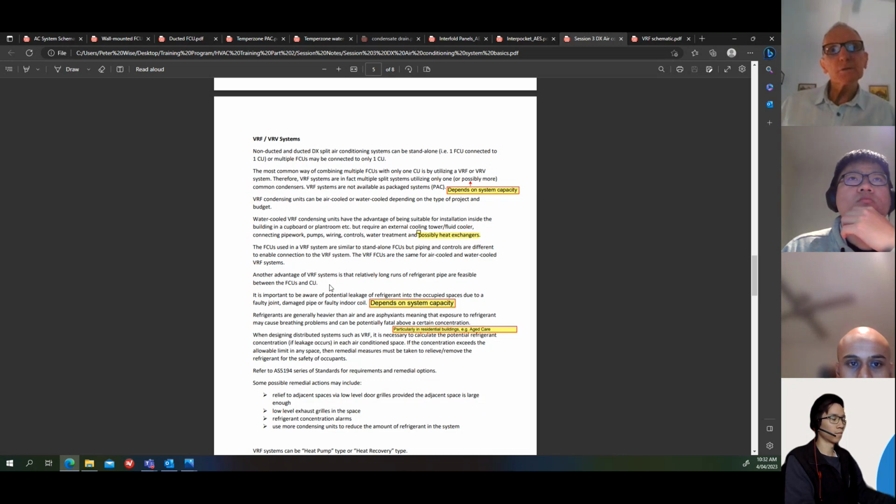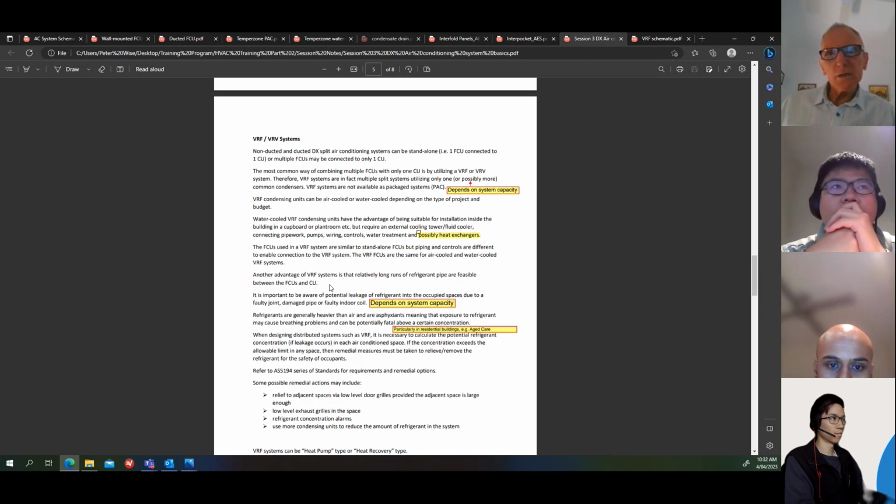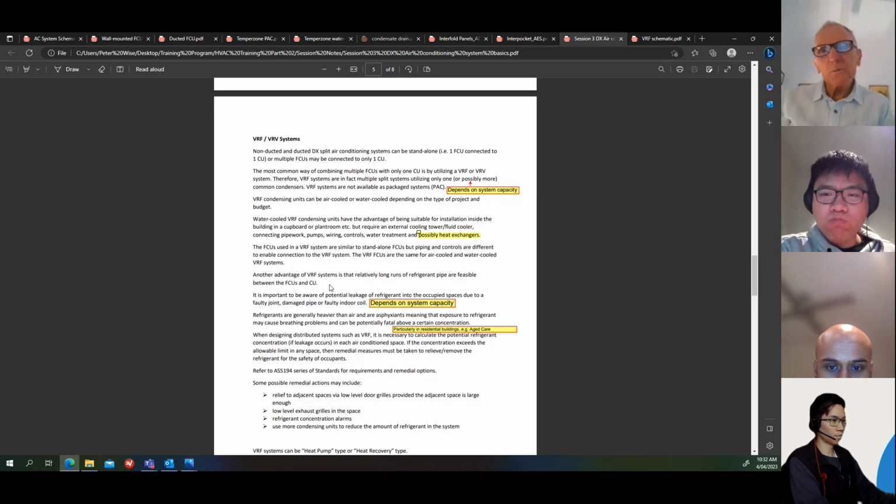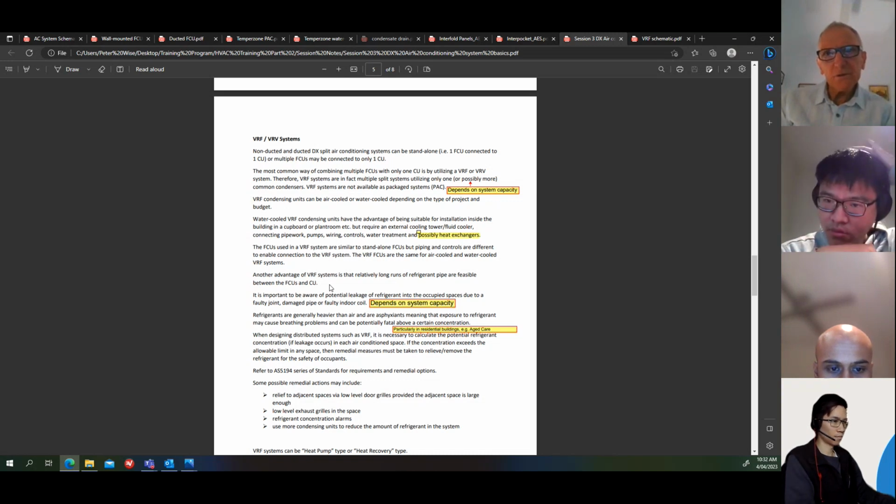Refrigerants are generally heavier than air, and they're asphyxiants, which means they take your breath away, meaning exposure to the refrigerant can cause breathing problems and can be potentially fatal. So if it's leaking into a space and you're not aware of it, and I've noted there, particularly in residential buildings, like an aged care building, if someone's in bed and there's a fault with the VRF system or a leak of refrigerant, somebody could be sleeping in bed and the room is filling up with refrigerant.